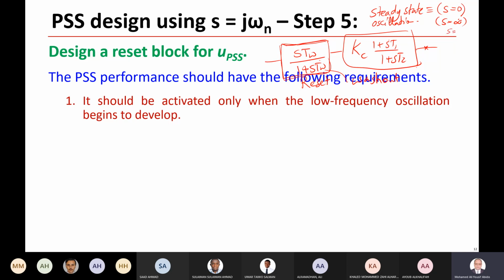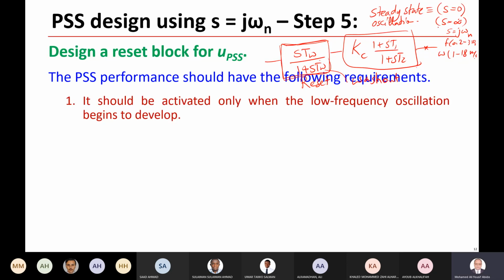We have S equal to j omega n, and omega n, as we mentioned, if you have frequency between 0.1 or 0.2 hertz to 3 hertz, that means omega is from about 1 radian per second to 18 radian per second. So this is the range.